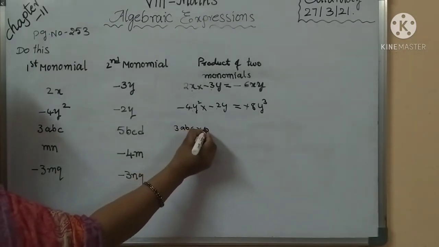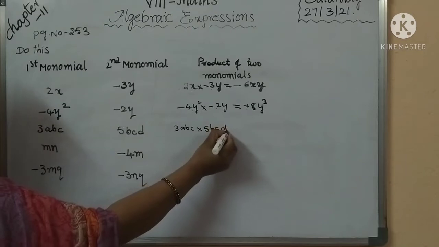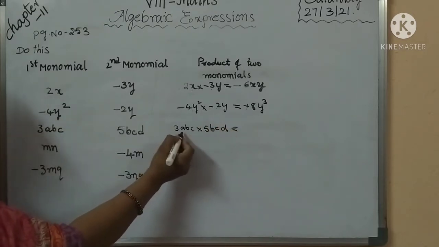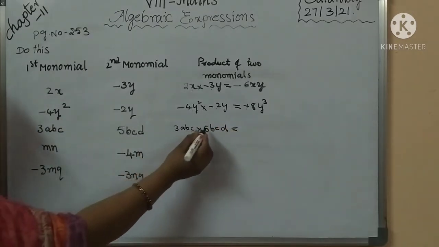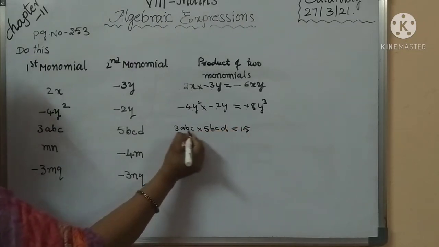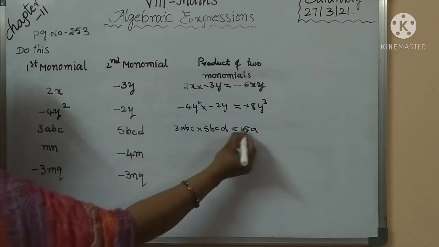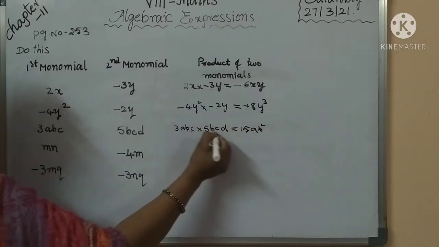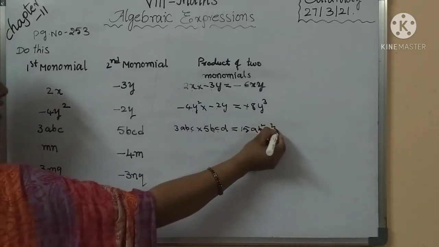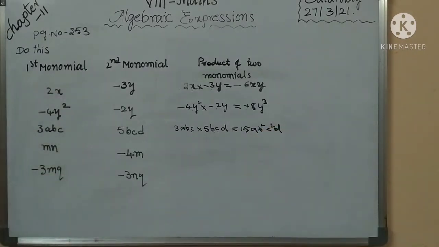Okay, next here, 3abc into 5bcd. Here observe that it is also a single term, a monomial. 3 5s are 15, and a into nothing, so write a, b into b is b square, c into c is c square, and d. Only a single term is this.